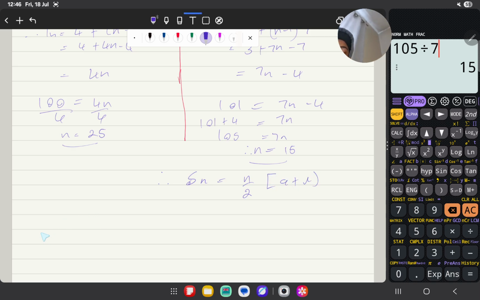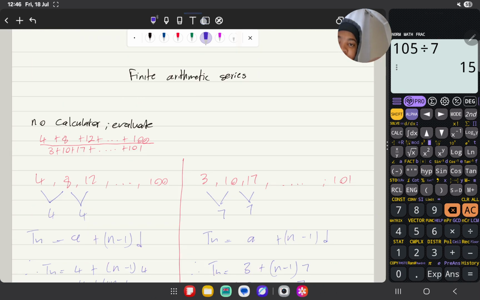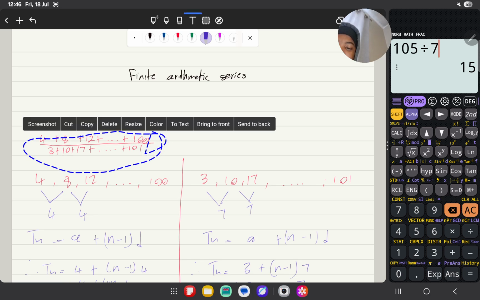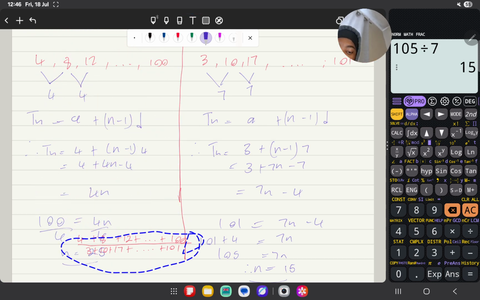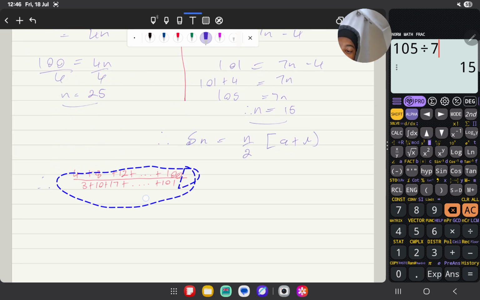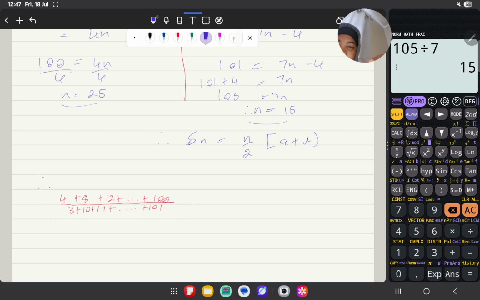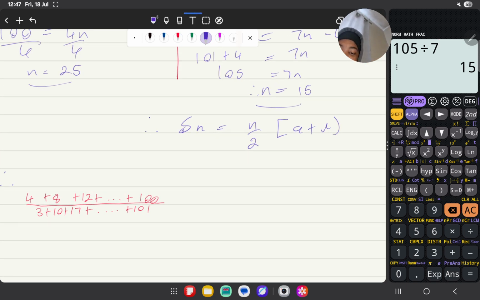So this is going to be S25 divided by S15, with different formulas of course.